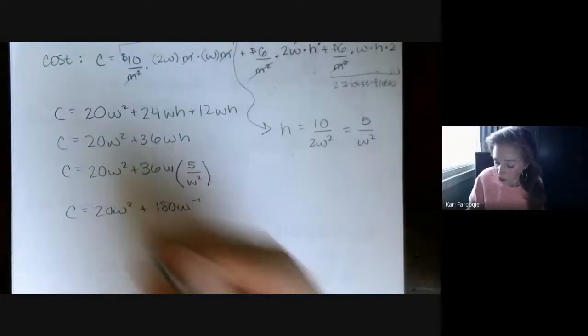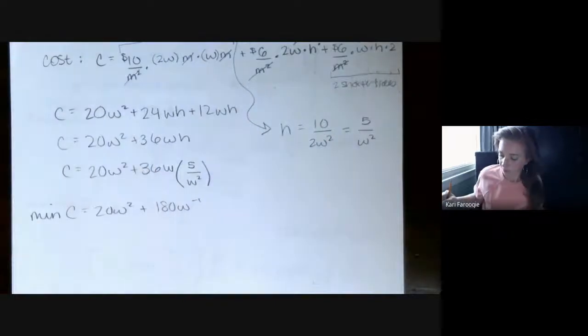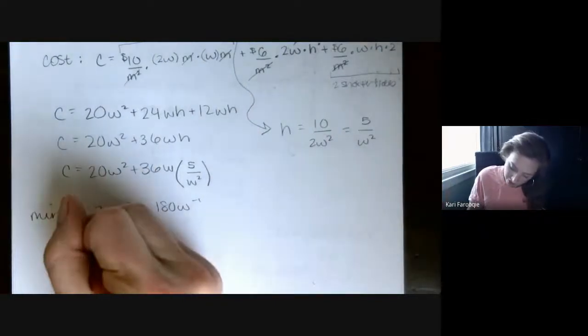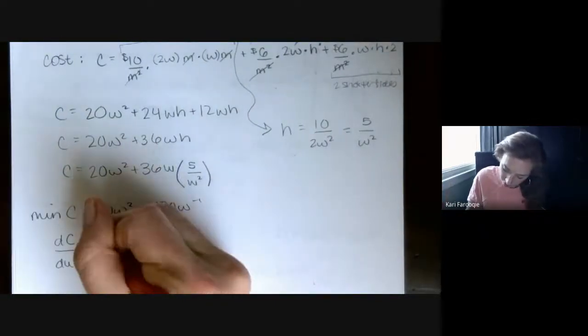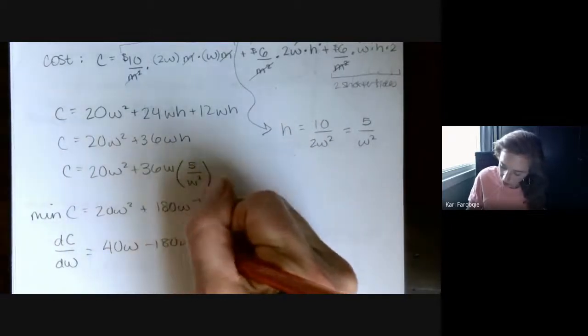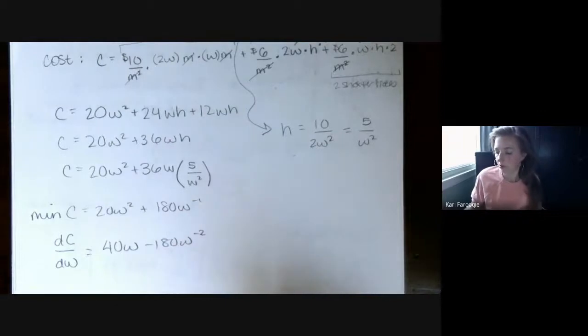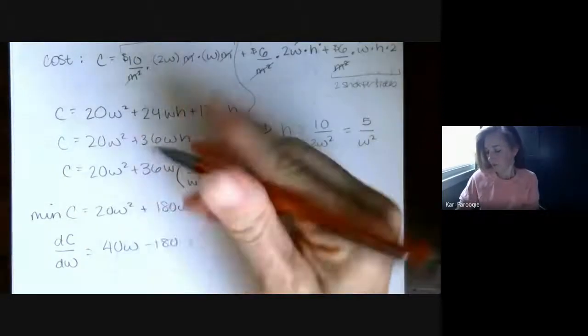And then we'll take the derivative. dC/dw is 40w minus 180 w to the negative second power. If you'd like, you can pop this into the denominator as w squared.